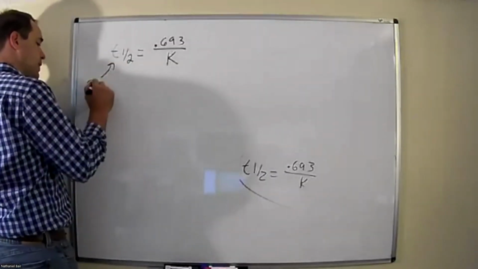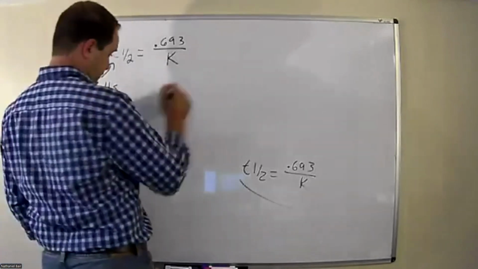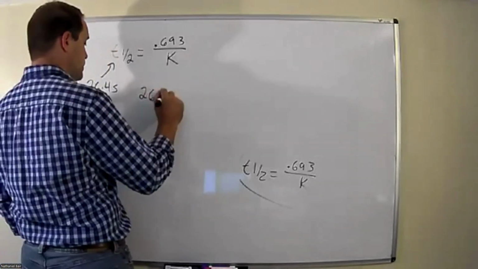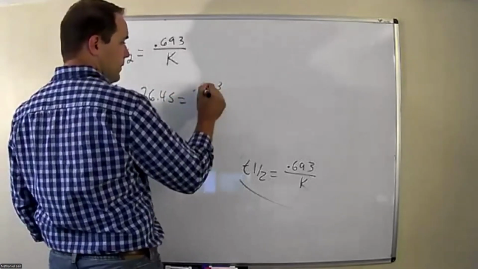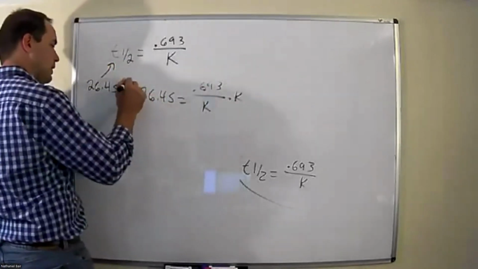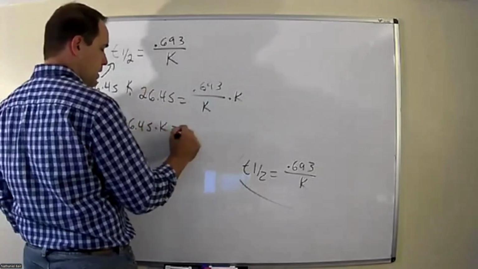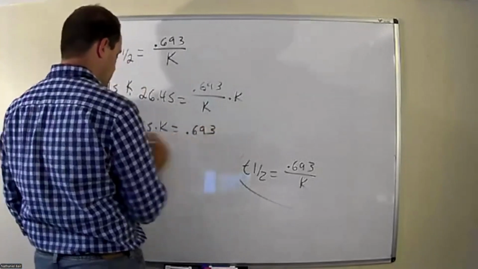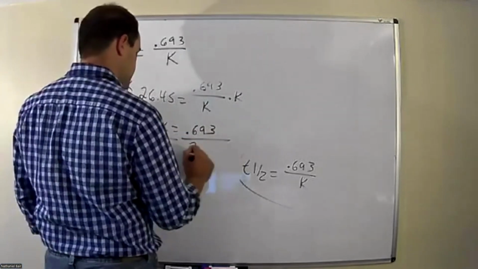All right, so in this problem, we're giving you the half-life and we're solving for K. So here we go. Just algebra here, folks. 26.4 seconds equals 0.693 over that rate constant K. Multiply both sides by K. 26.4 seconds times K equals 0.693. Divide both sides by 26.4 seconds.